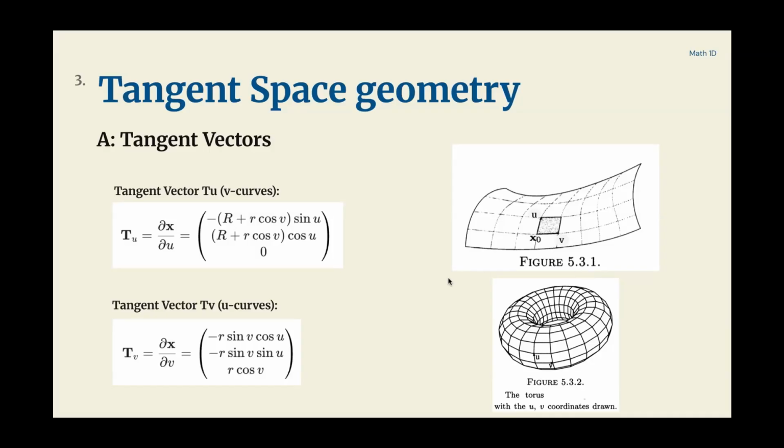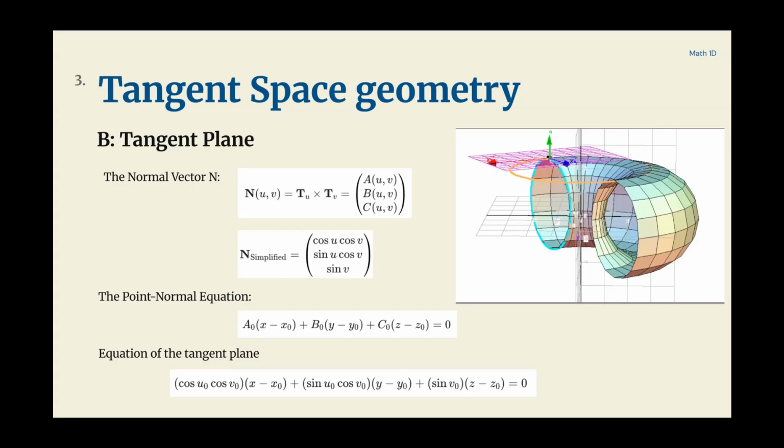Okay, let's keep going. The tangent plane. We're trying to get the equation of the tangent plane, and we know that the equation of the tangent plane is where the normal vector n is perpendicular, so its dot product with any vector on the tangent plane will be 0.